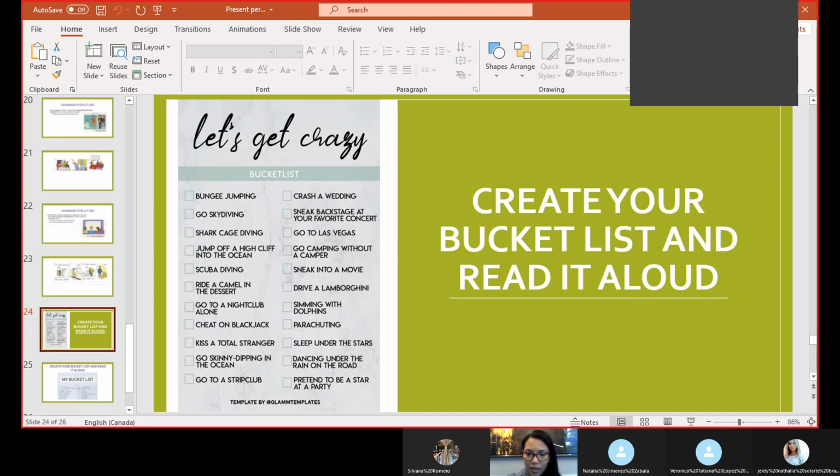You take, I don't have the symbol here, take is like a check mark, right? So you tick the things that you have already done. For example, this bucket list is called Let's Get Crazy.